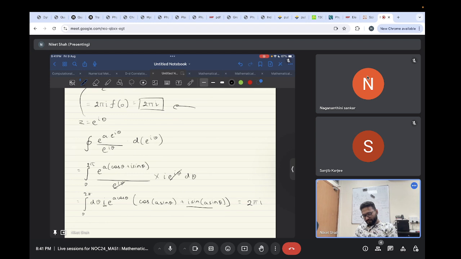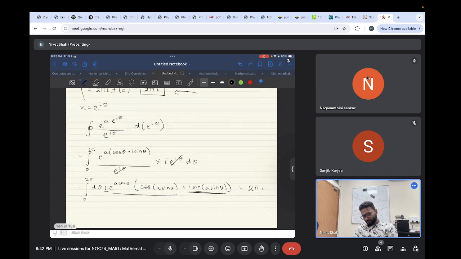So when I multiply I with this term, I will get an imaginary part, and when I multiply I with this term, I will get a purely real integral. So I into integral d theta e power a cos theta cos of a sin theta, that's the imaginary part, plus the real part: there is a negative sign actually, because I into I will give you a negative sign, minus d theta e raised to power a cos theta sine of a sine theta, 0 to 2 pi.